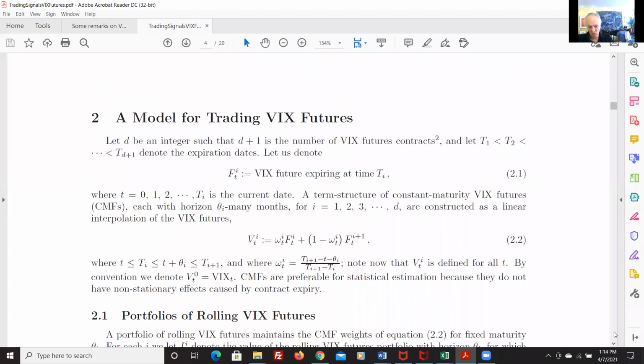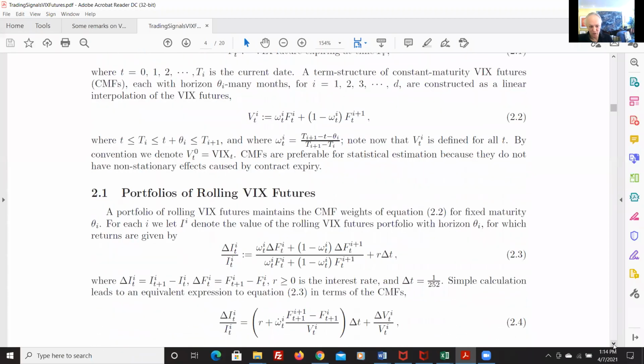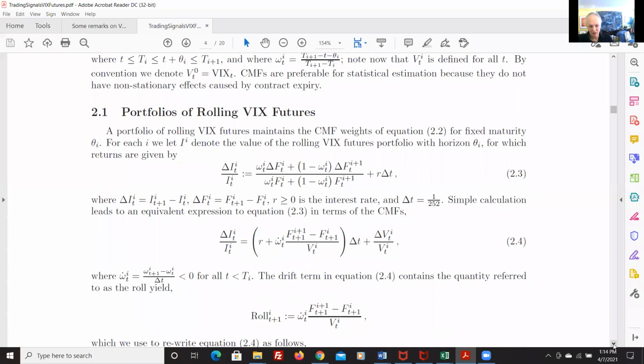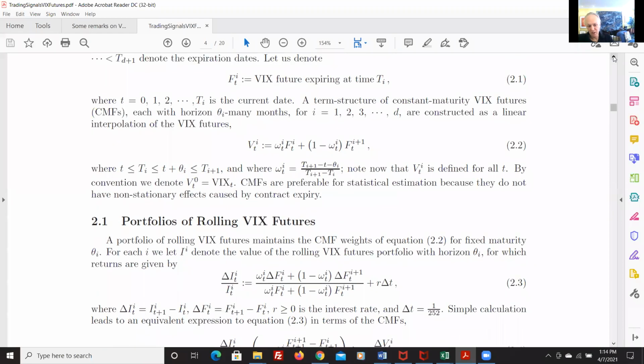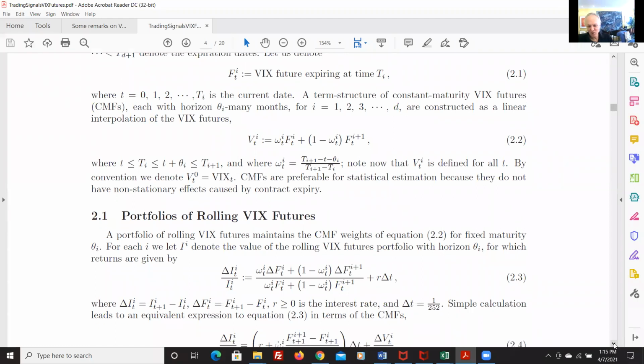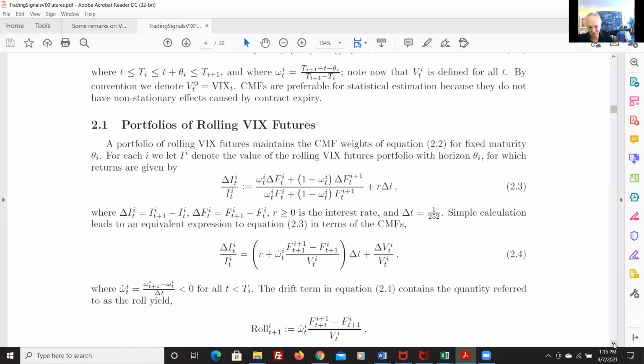Now we are going to come up with, we said, okay, how do we do this? Since we're going to be trading across expirations, let's look at a portfolio of rolling VIX futures contracts.